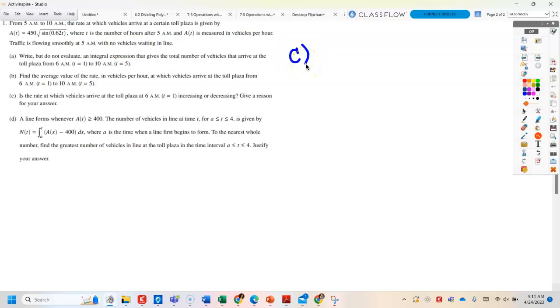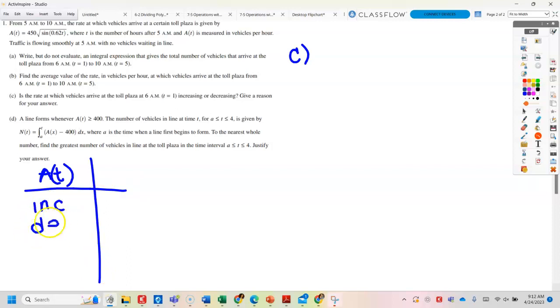Is the rate at which the vehicles arrive increasing or decreasing at time 1? So again, go back to our days. How do I know? So we're looking at A of t. I want to know if A of t is increasing or decreasing.